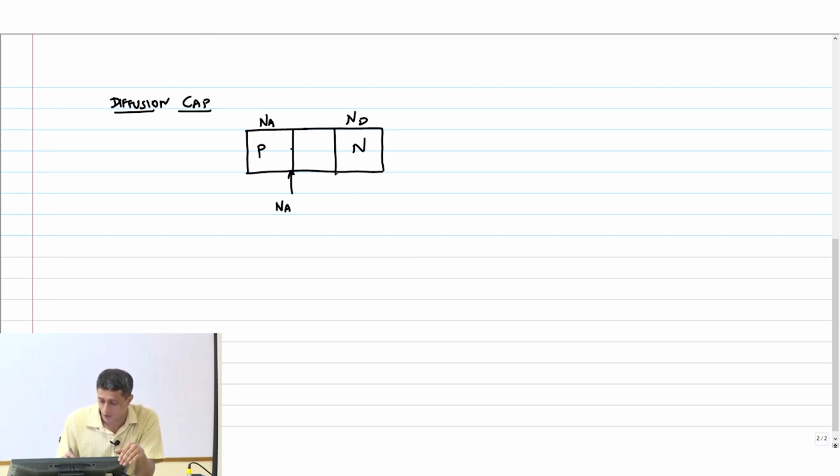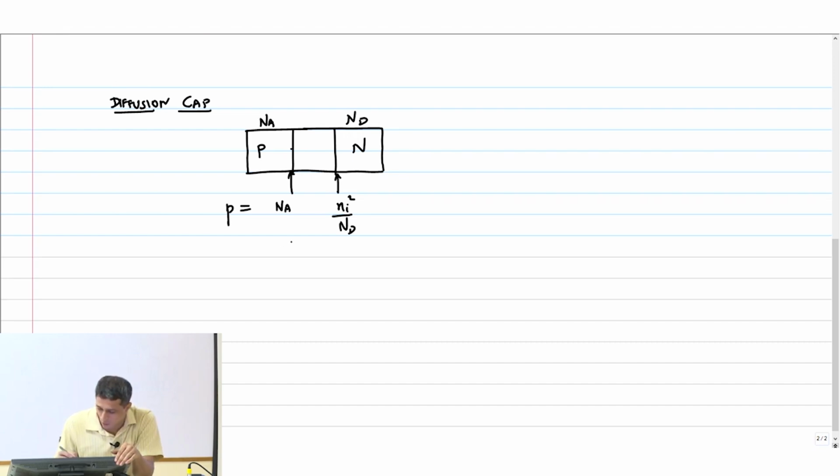What is the hole concentration here? Ni squared by Nd, right? So Ni squared by Nd, which is what? This is hole concentration. Okay. So therefore there must be a potential drop across these two, right?